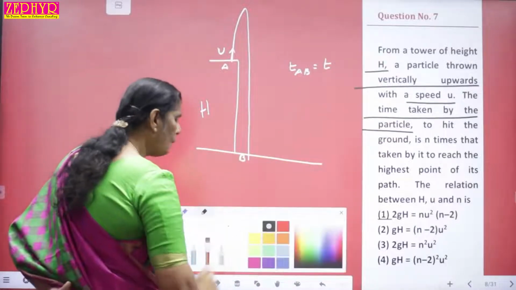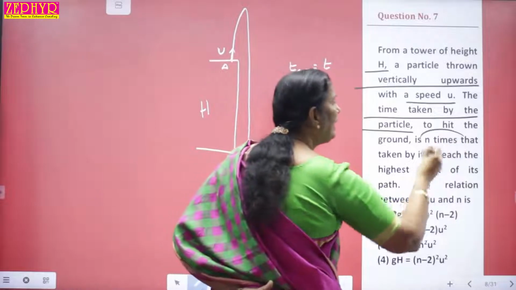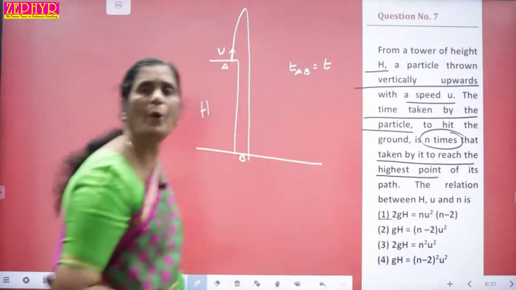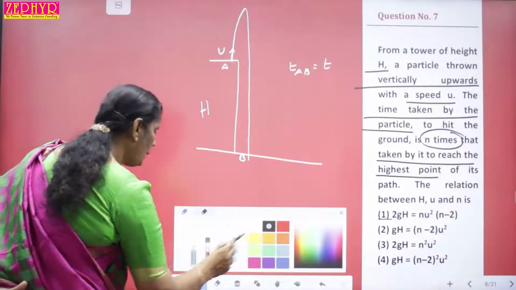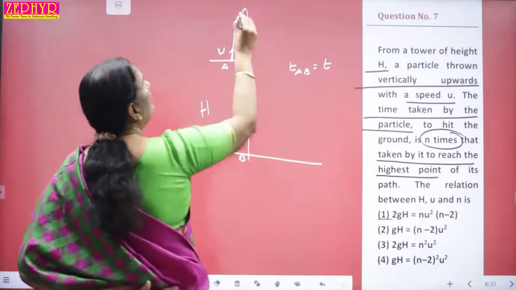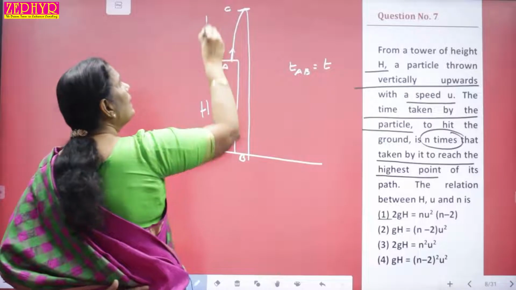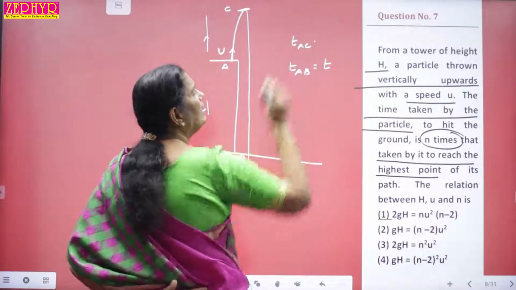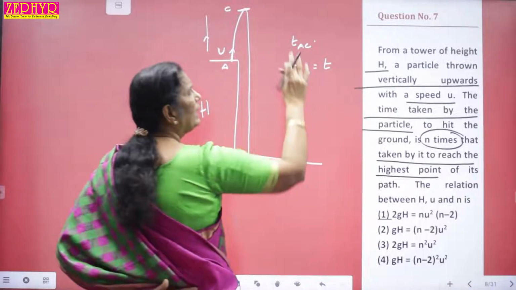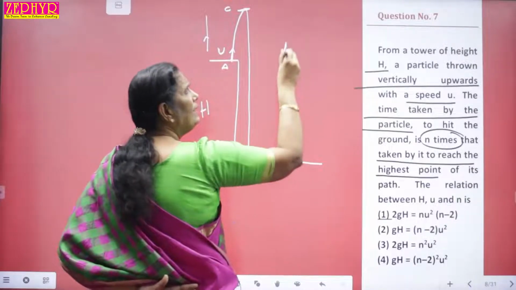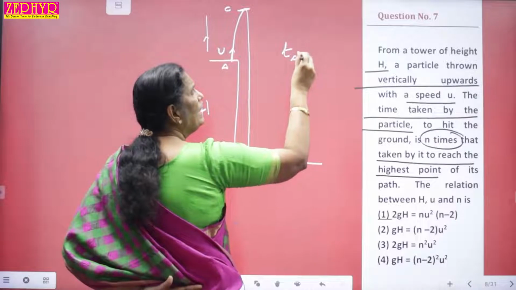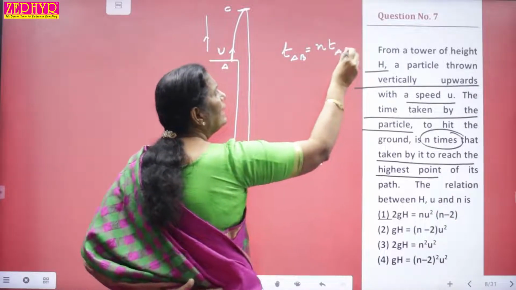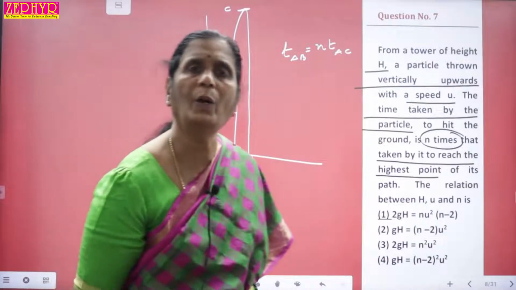The time of flight is n times the time taken by it to reach the highest point. Note down the highest point as C. So T_AB is equal to n times T_AC.